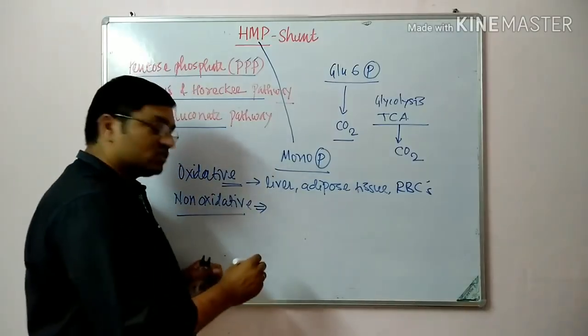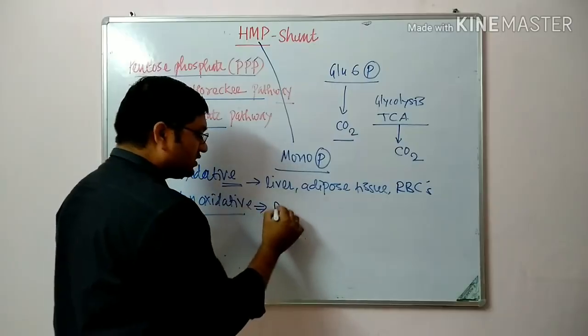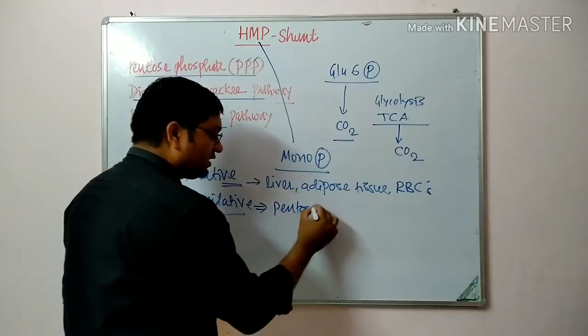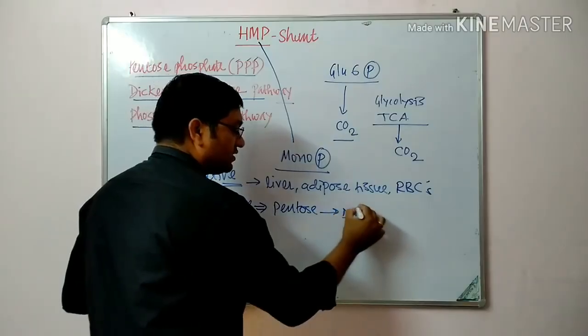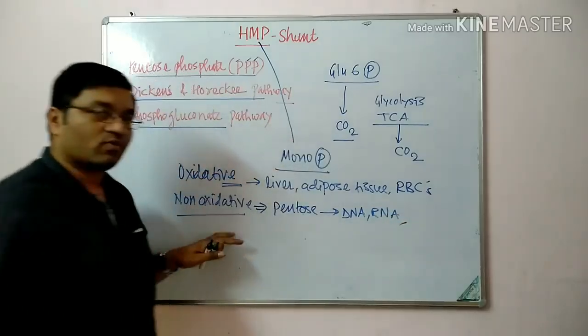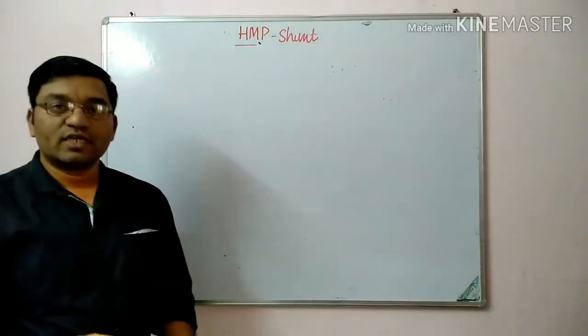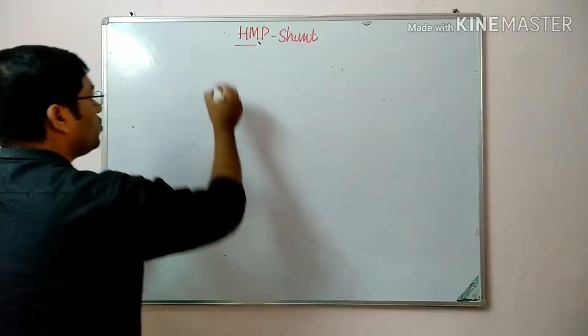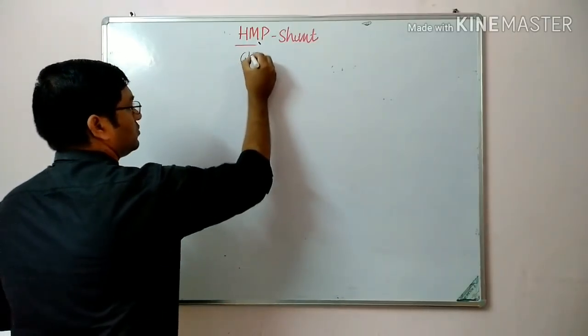It deals with the synthesis of pentose sugars, and these pentose sugars are ultimately required for DNA and RNA synthesis. So it occurs in all cells of the body. The starting molecule in the HMP shunt is glucose 6-phosphate.